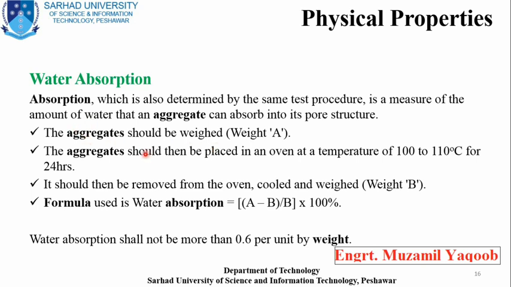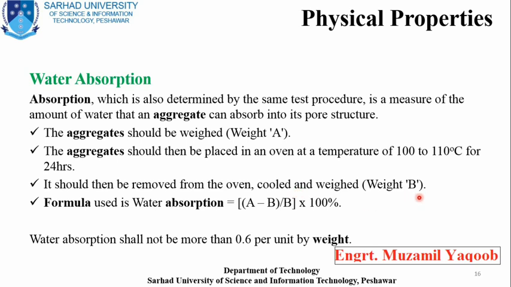After weighing, place them in an oven at a temperature of 100 to 110 centigrade, for example for 1 day, that is 24 hours. Then remove them from the oven, place them at room temperature so they get cold, and then calculate the weight.